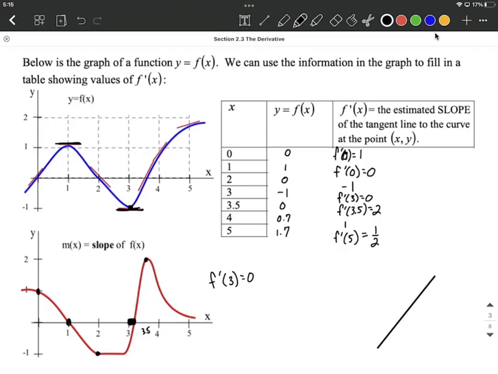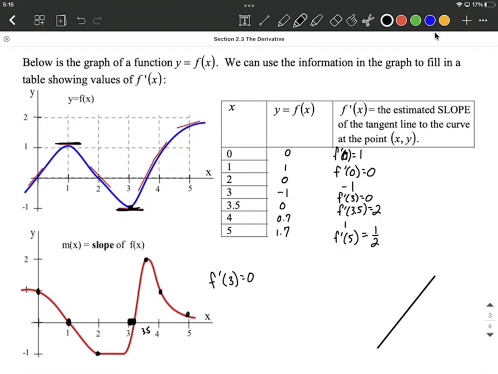F prime of 4 was about, let me see, we said f prime of 4 was right about 1. And then f prime of 5 was supposed to be right about 1/2. We may be a little bit low for where 1/2 is on the graph there, but that's the general idea, is get a few basic points going for your first derivative graph.